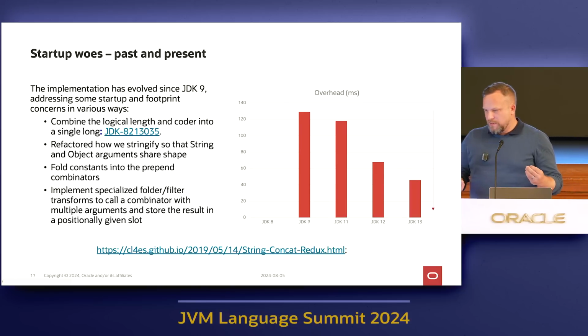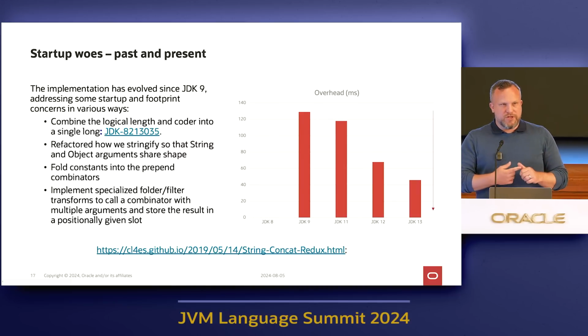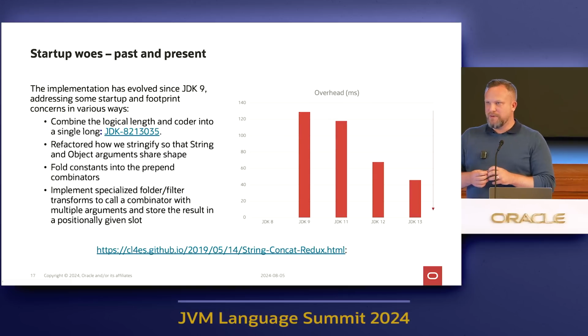And to do that, we did a lot of heroics, as a colleague of mine expressed it. We took the expression tree and massaged it into combining the logical length encoder, which are logically an int and a byte. But if we combine those into a long, we need fewer method handle transforms to implement the same thing.